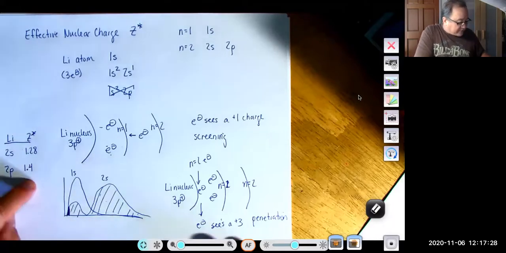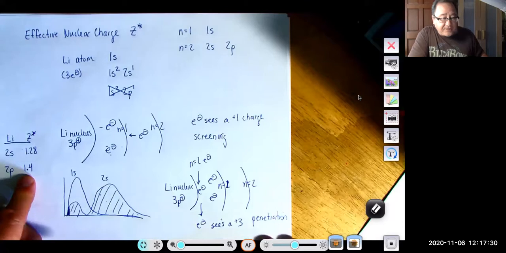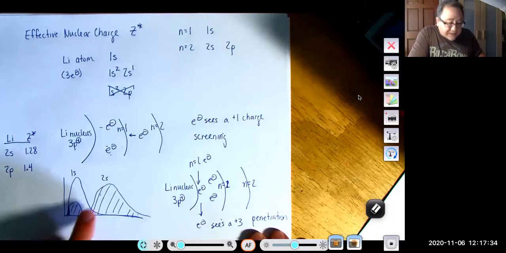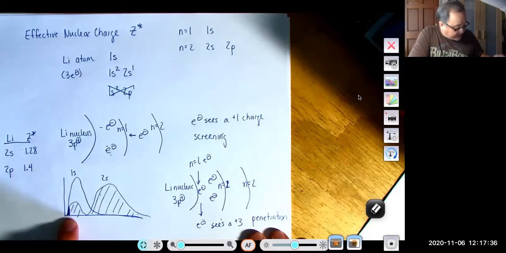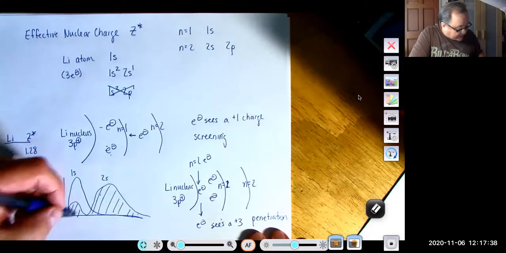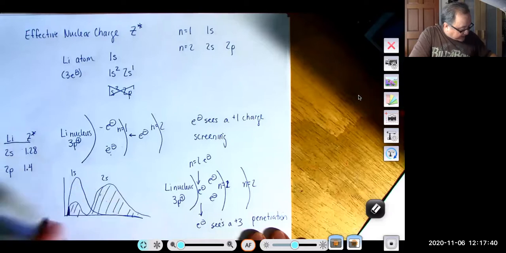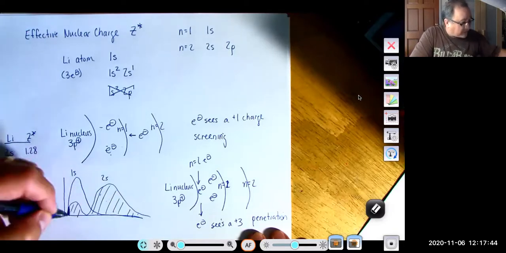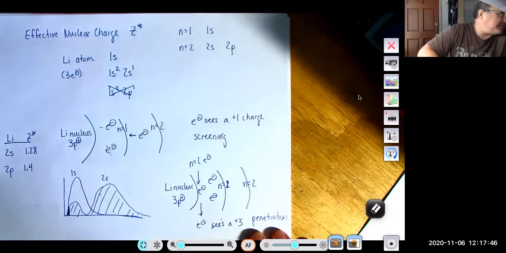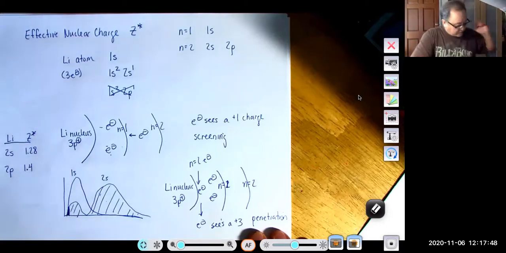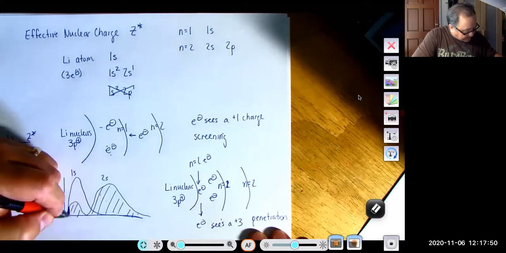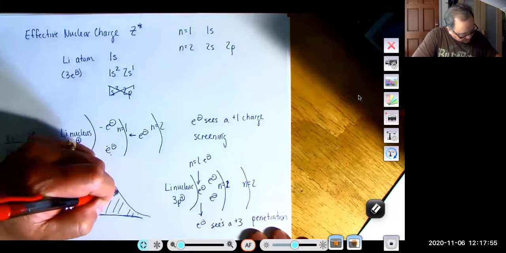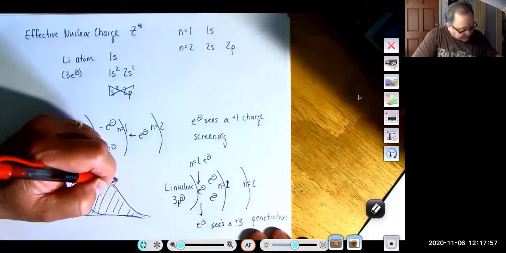So why are these numbers different? And the answer is basically due to this picture here. The 2s can penetrate better than the 2p. If we were to draw the density map of a 2p, it would look more like this. I'm going to use a different color. So a 2p density map would look more like this. That's the 2p.